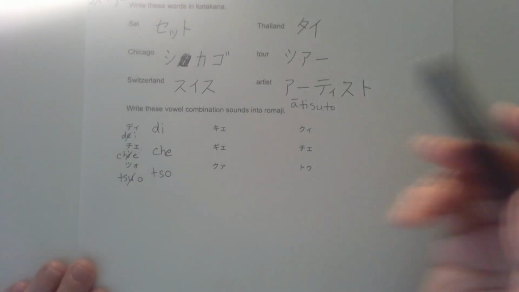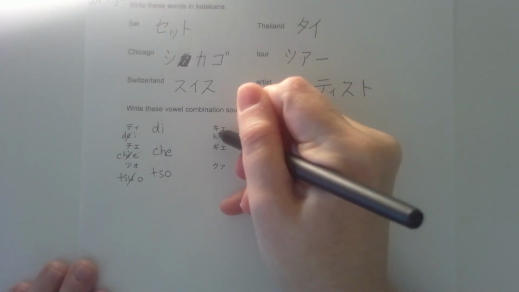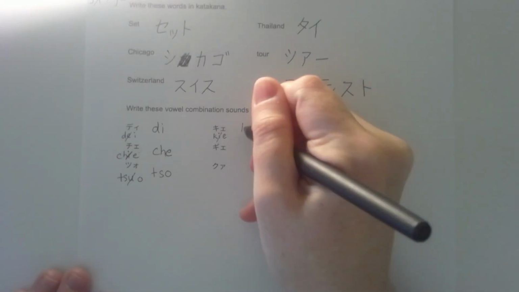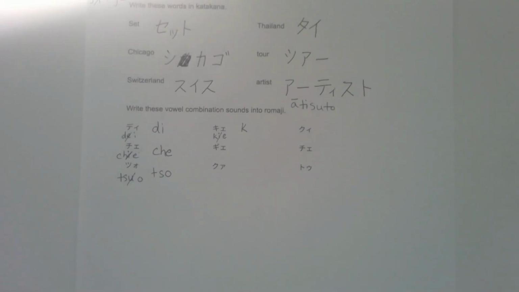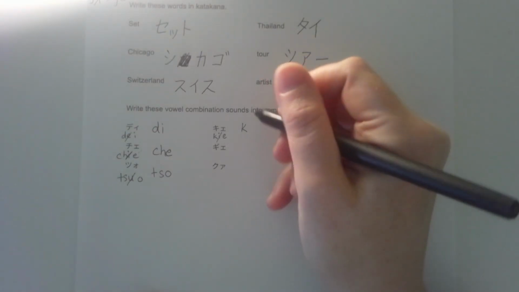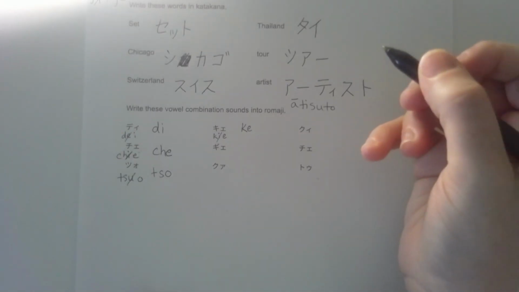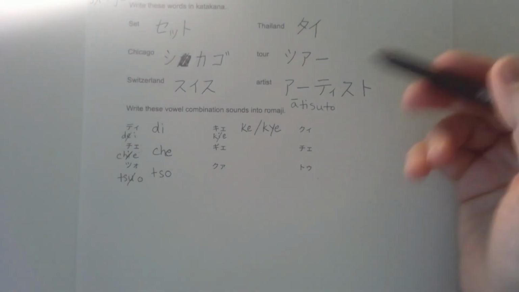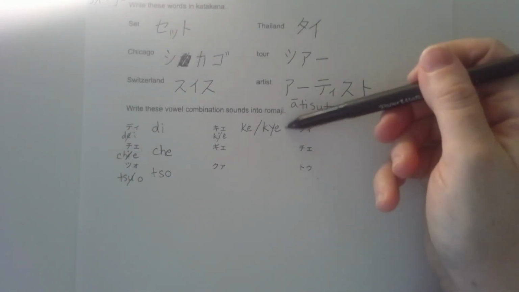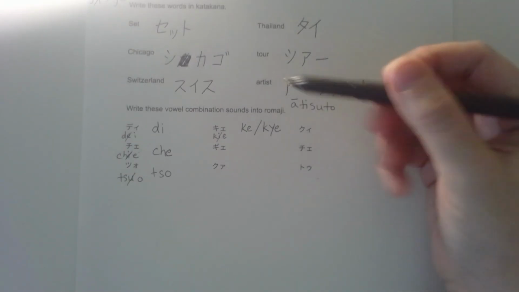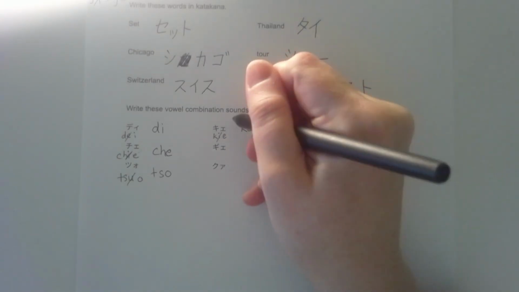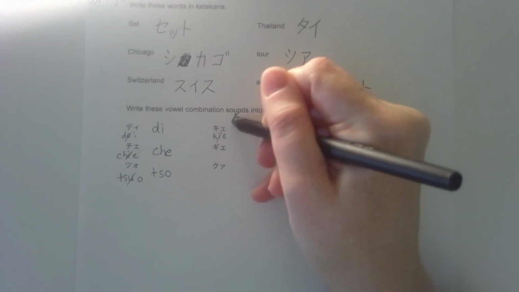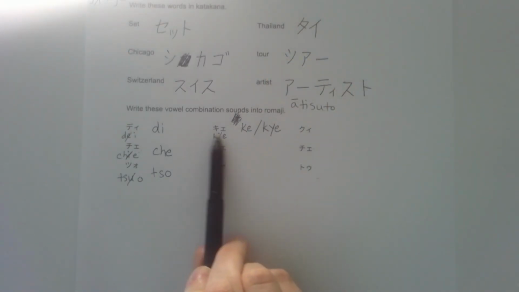Here we have ki, small e. Get rid of the i, and it becomes ke, but you can also write it like kye, because we want to symbolize that this is a combination sound, and it's not just the plain k, but a combination.